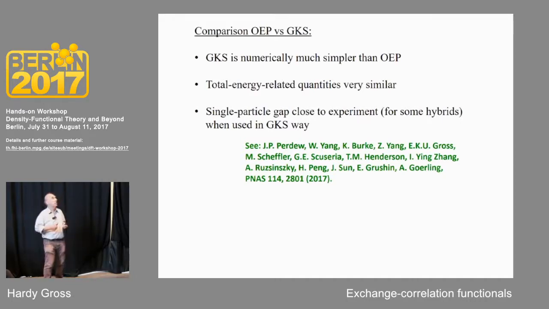At least the best hybrid functionals give you that. And so there's only advantages of generalized Kohn-Sham over OEP. And this is an important message that I want to make here. So this is a recommendation to you if you use these higher rung functionals. Generalized Kohn-Sham is the way to do it.